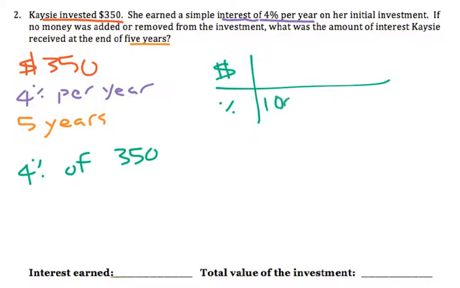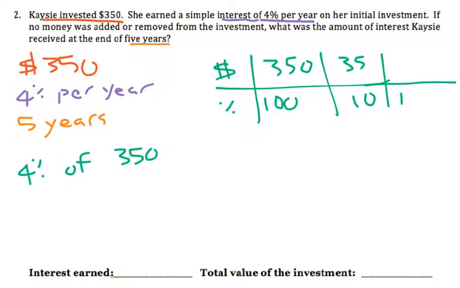So 100% is 350. 10% is going to be 35. 1%, if we're dividing by 10, hopefully a lot of us are seeing what this is going to be, would just be 3.5. And then for 4%, we would have to multiply this by 4.